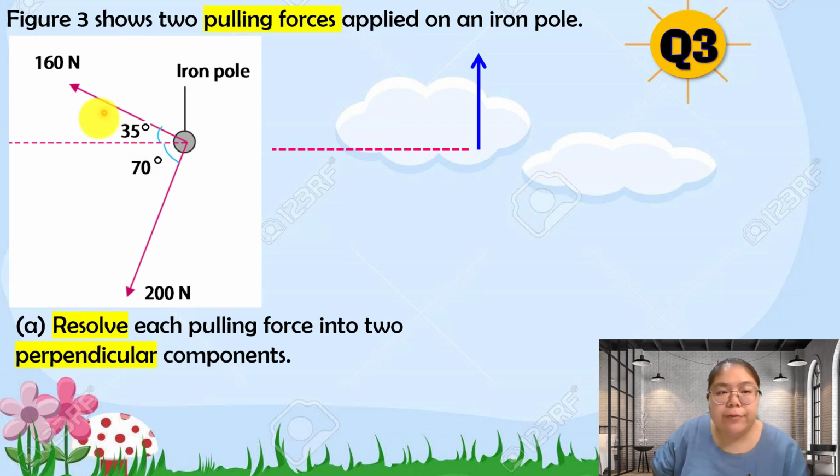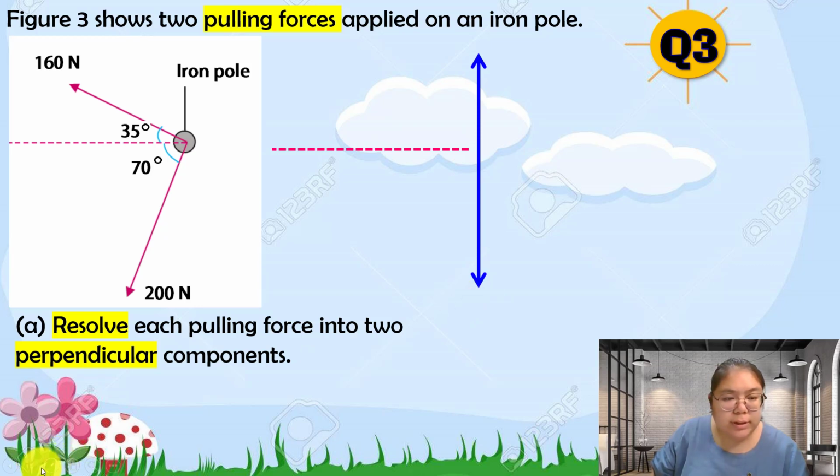From the 35 degrees with 160 Newton, we can resolve the Fy. The Fy goes upwards. Then the other one, 200 Newton, can also be resolved into Fy. Fy goes in the opposite direction, downwards. So you can see one is upwards, another one is downwards.